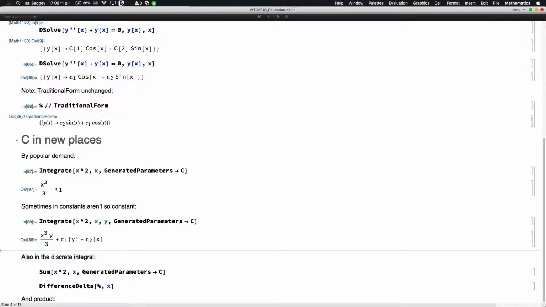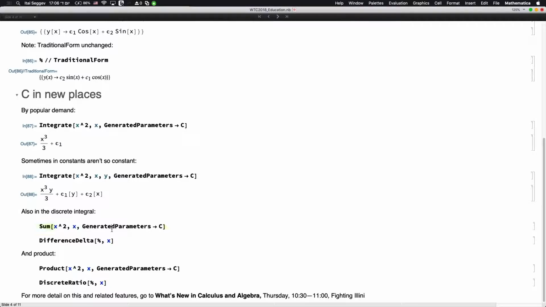Sometimes constants aren't so constant. So in this example, we're integrating first with respect to x and second with respect to y. And I just said that backwards, but you know what I mean. And we get C1 of y and C2 of x, because if you take the mixed partial xy, then this term will fall out and that term will fall out.